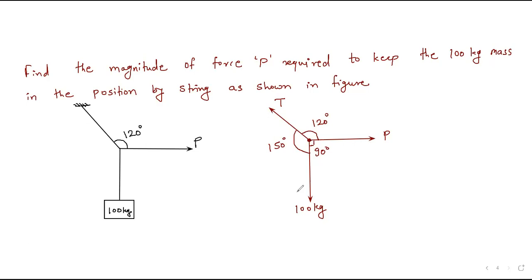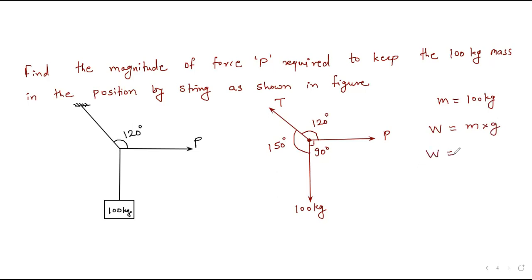One more thing you need to identify here is that they have given you mass. The mass M is given as 100 kg, weight is not given. If I want to calculate the weight, you know the formula, W is equal to M into G, mass into acceleration due to gravity.